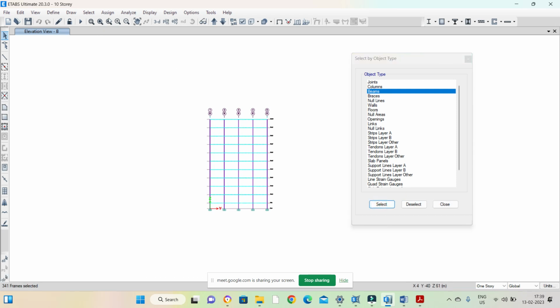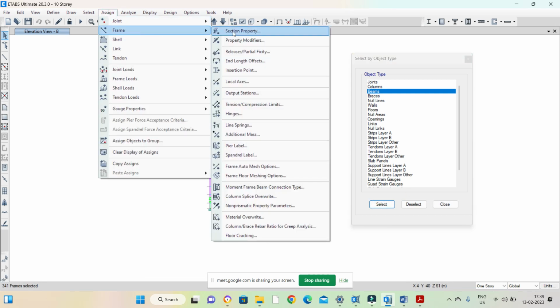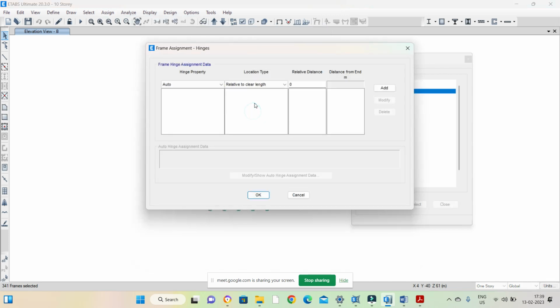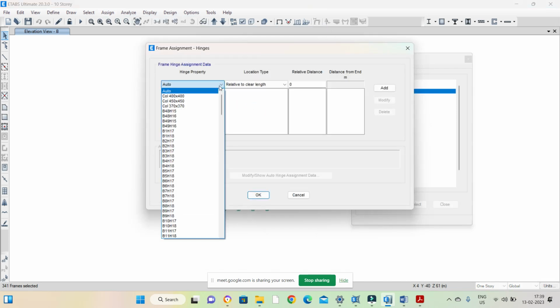I have selected, then go to assign frame hinges, and see here some auto hinges are there. It means the software by default defines some hinges that we can go for, or else we can define our own hinges also, which I will show later on. Now let us start with auto hinges. Below the auto hinges you can see a lot of other hinges that I have defined for my model, that's why it is showing here.